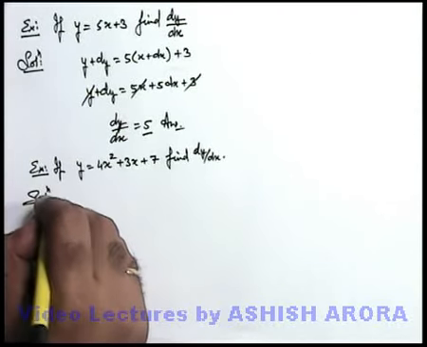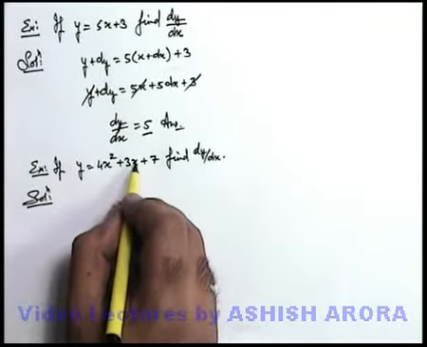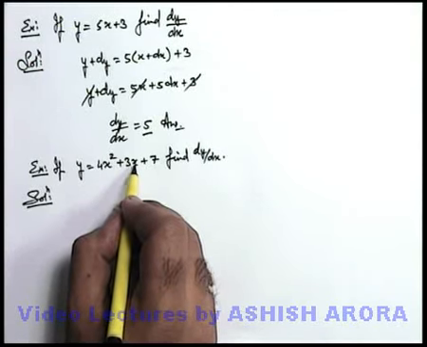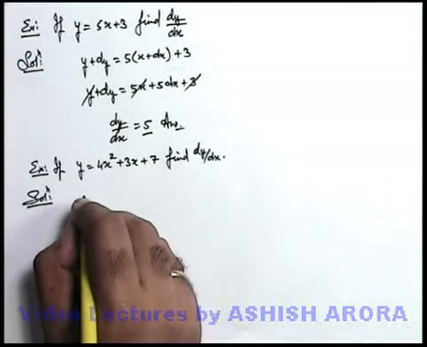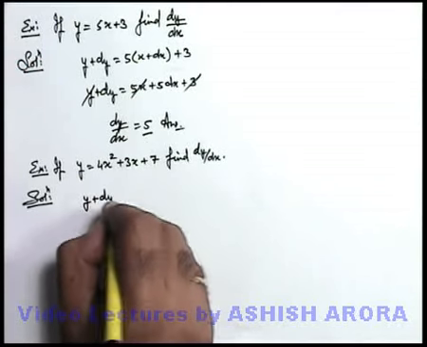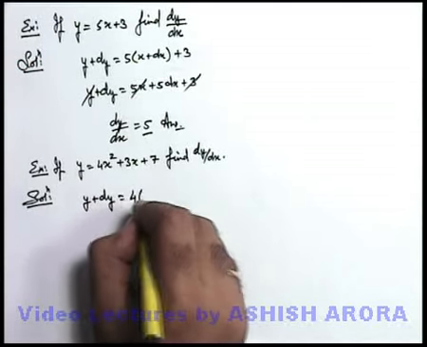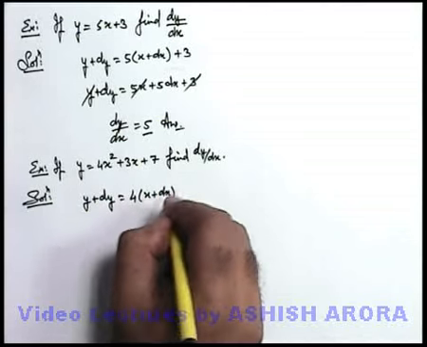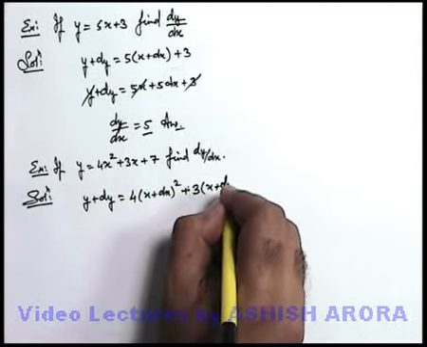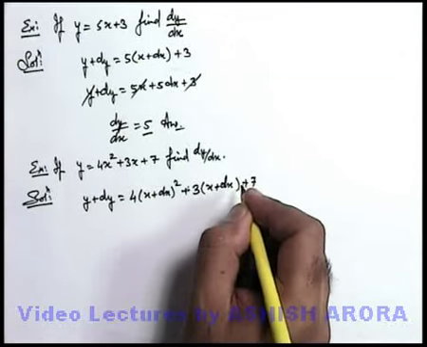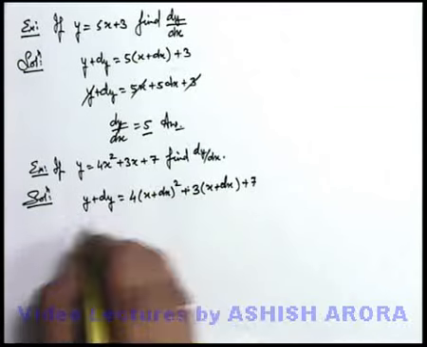Here again we follow the same procedure. We change the value of x slightly, by dx, and consider the corresponding change in y as dy. So y plus dy equals 4 times x plus dx whole square plus 3 times x plus dx plus 7. Now we open the expression.